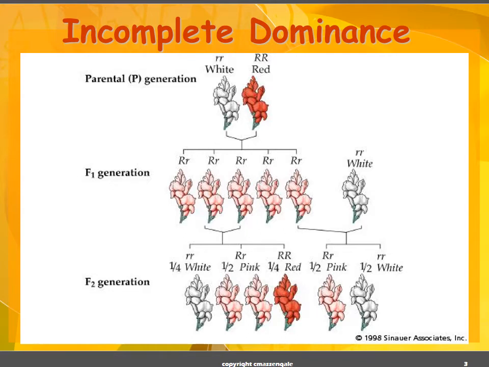But if we back cross a heterozygous individual with a homozygous white recessive one, we'll see that we get half and half. And that is because of the incomplete dominance of the white allele.